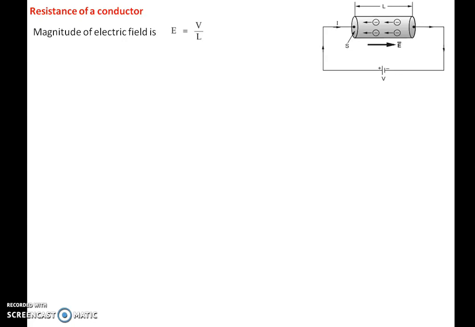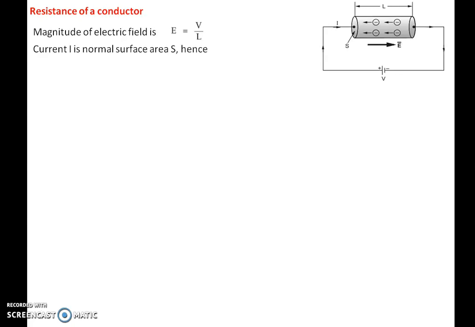Now we know that the current flowing through any surface area can be written as I is equal to the surface integral of J dot ds.